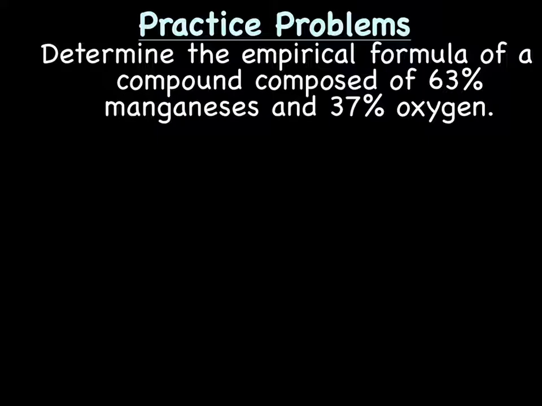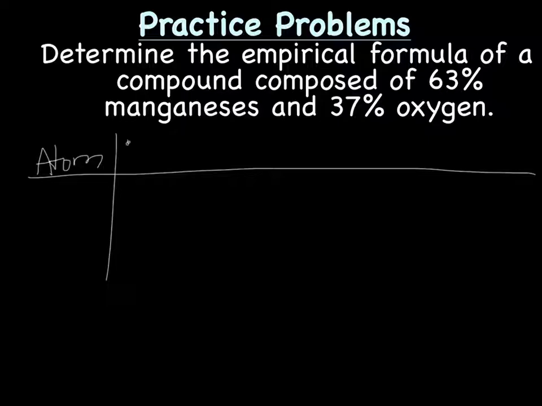We'll start by listing our atoms and their percent, which we're actually going to call grams. So this time we have manganese, which is 63% or grams, and oxygen, which is 37. Okay.